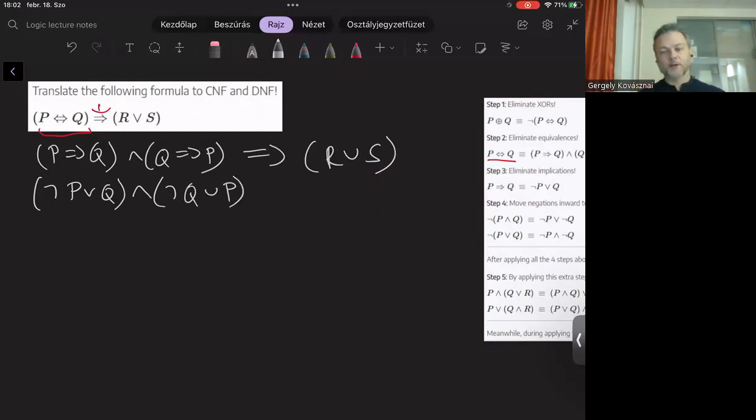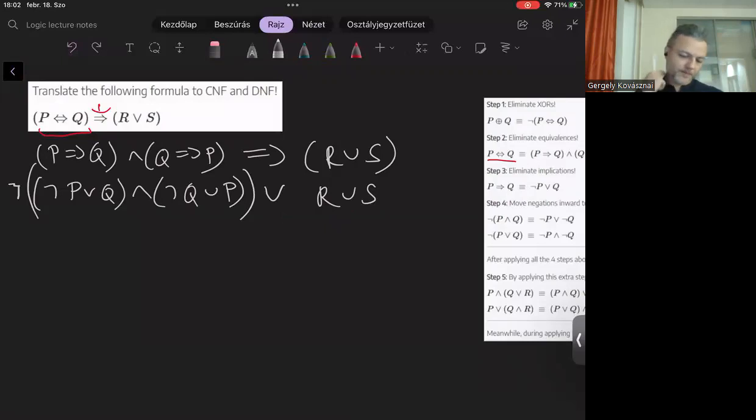And if you don't mind, I would like to apply it to the third implication at the same time. Of course, this requires the entire left-hand side to be negated. However, now we can apply a very simple simplification. We can remove those parentheses because we have two disjunctions next to each other.